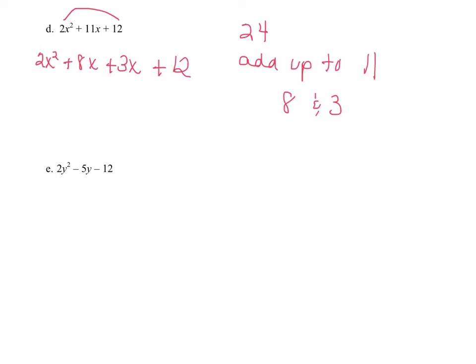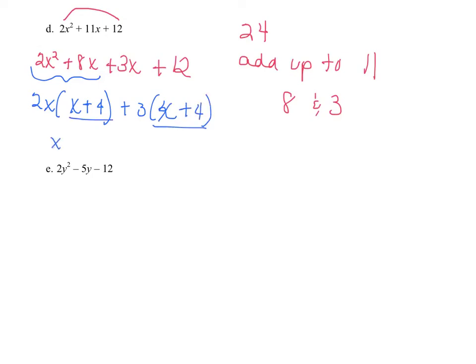Factor by grouping. Pull out a 2x, I'm left with x plus 4. Pull out a 3, I'm left with x plus 4. Perfect. X plus 4 comes out in front. I'm left with 2x plus 3. Done. Now let's try the next one.